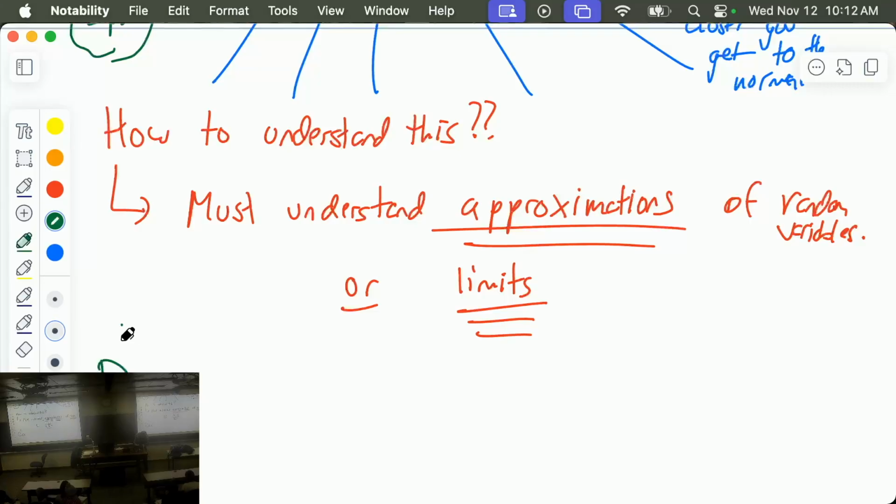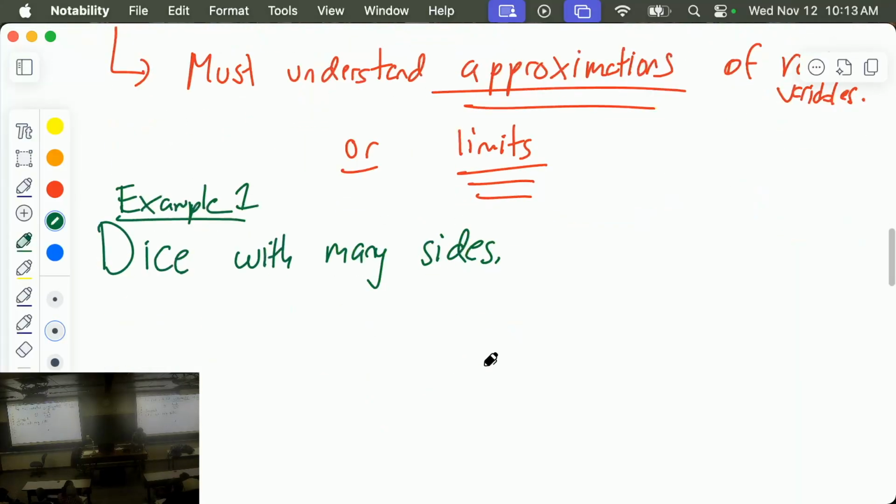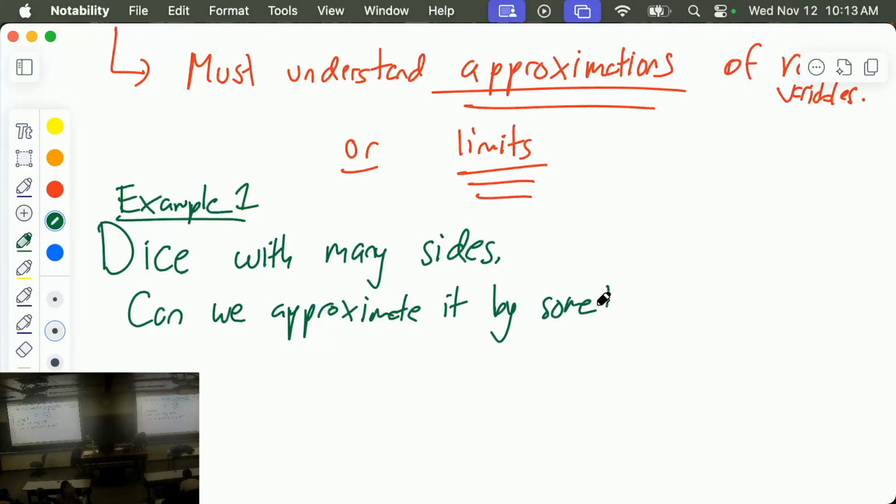We're going to ask, is there a nice way to approximate a dice with a lot of sides by something simpler as the number of sides increases?